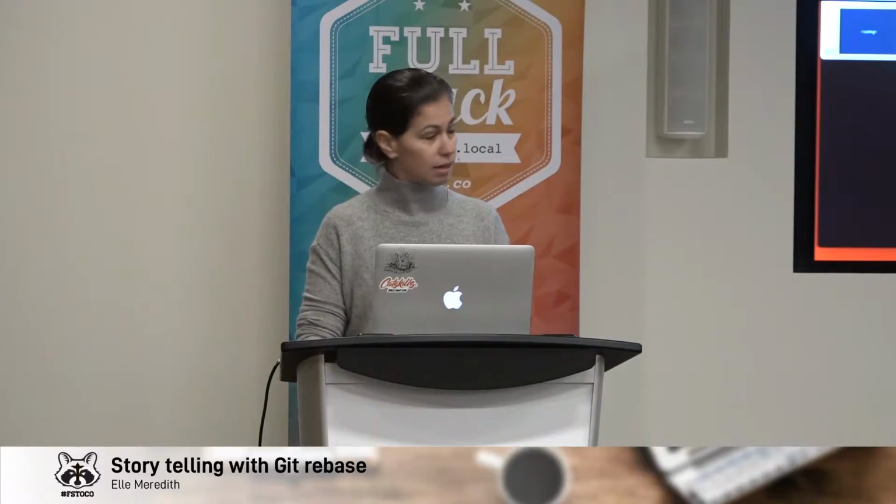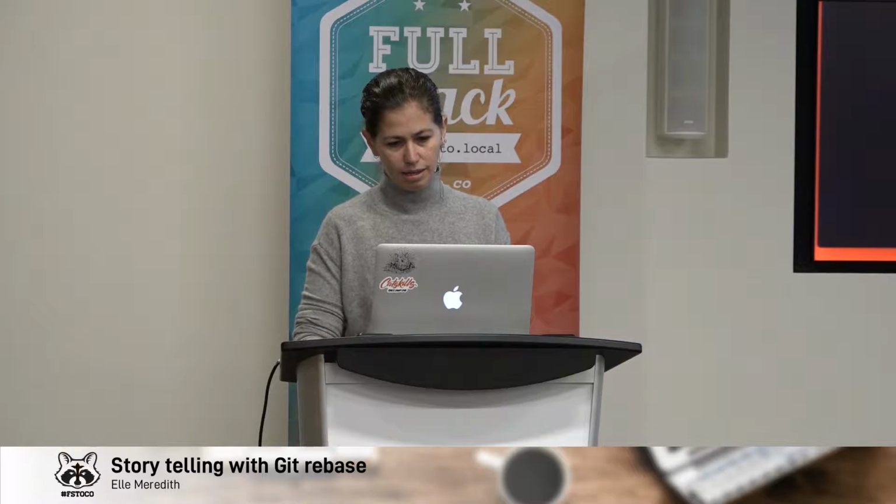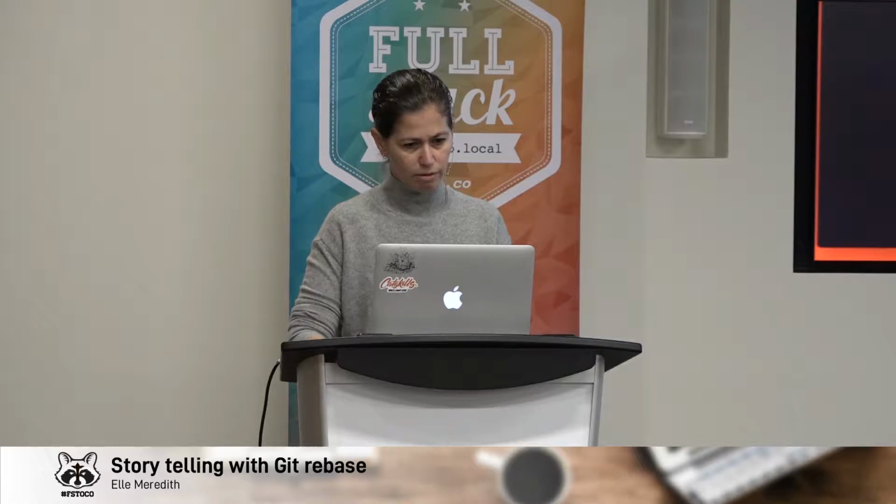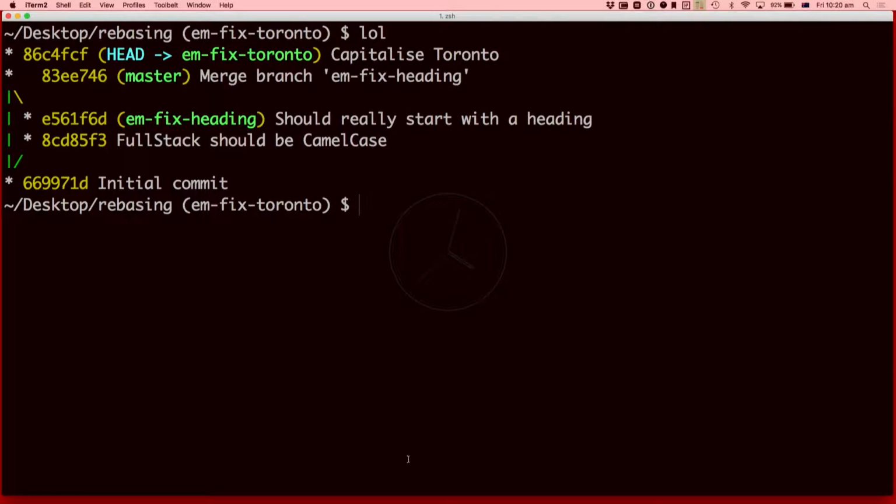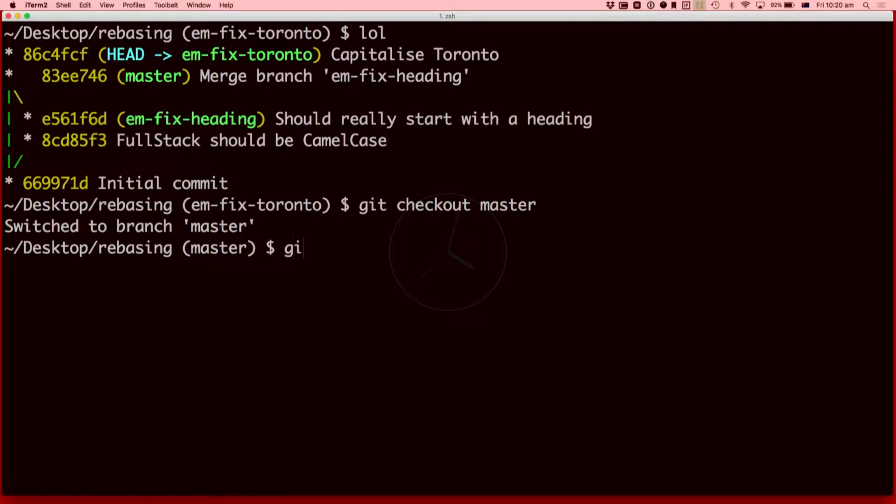Let's come back here. And I can remove that. And where were we? Let's try another branch. What we didn't do with the previous one. So this is currently still on our branch, right? Let's git checkout master.